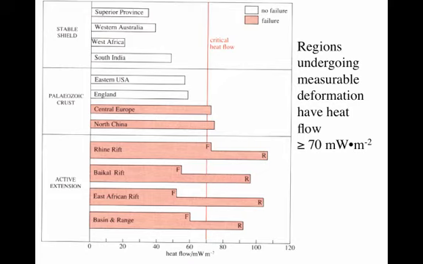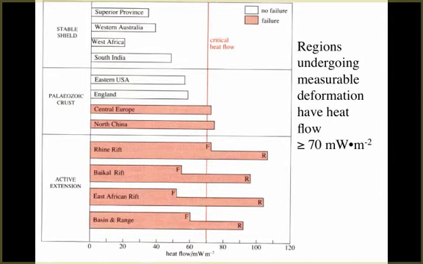And looking at regions that are undergoing a measurable deformation, we can, for example, see the East African Rift and the Basin and Range. Those areas require heat flows of 80 to 100 milliwatts per meter squared for that kind of deformation. And that's an active extension area.